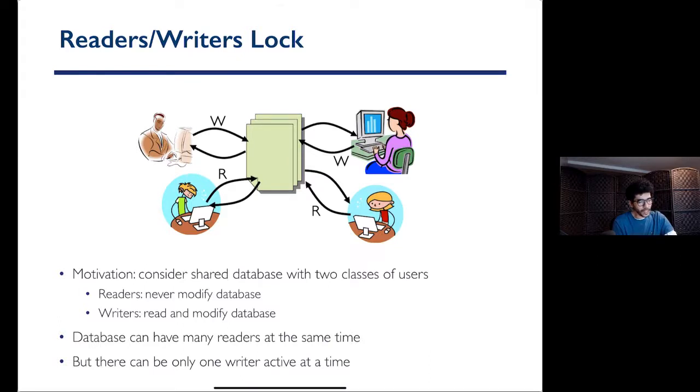If a writer has access to the database, then you don't want any reader or any other writer to have access. So we want mutual exclusion when there are writers, and we are fine with multiple readers having access to the database simultaneously.